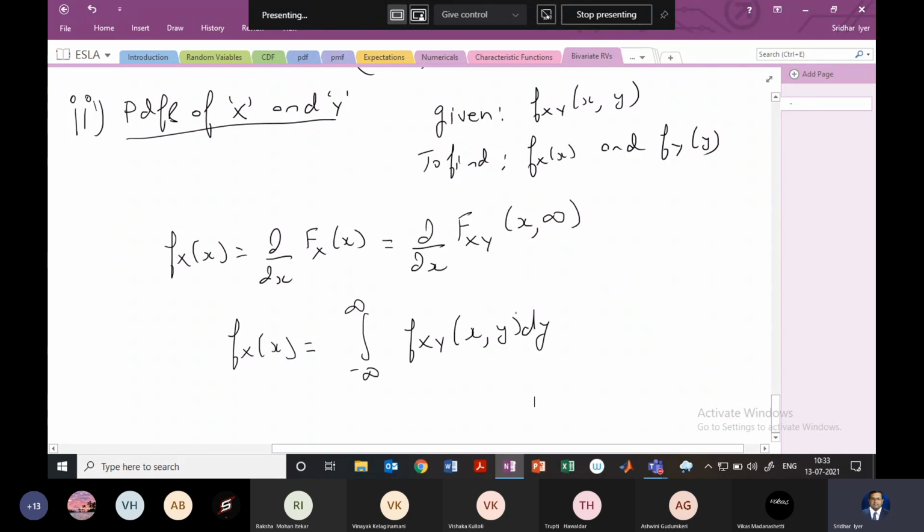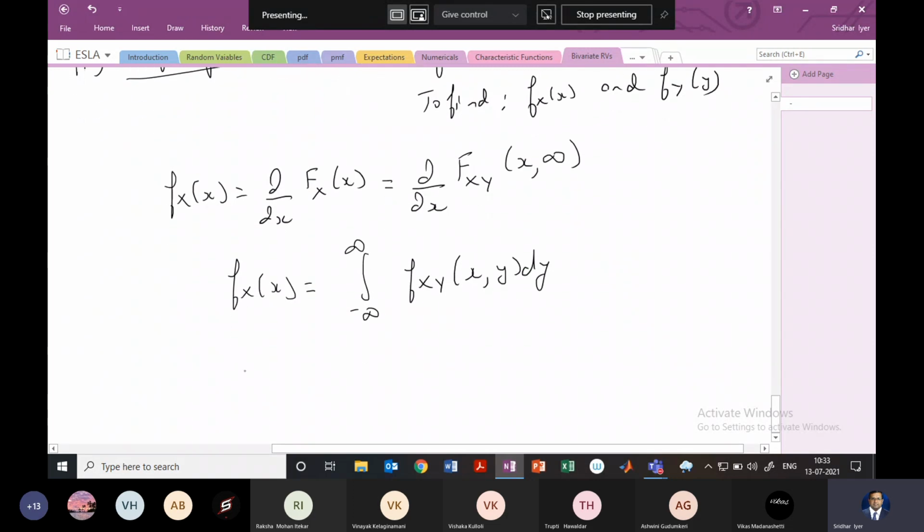That is the original formula. In this case, I can write this as fx of x equal to the value of x, and y goes from 0 to 3. So I'll have 0 to 3, c is 1 by 9, which we have found, of dy. Because I need to find x here.